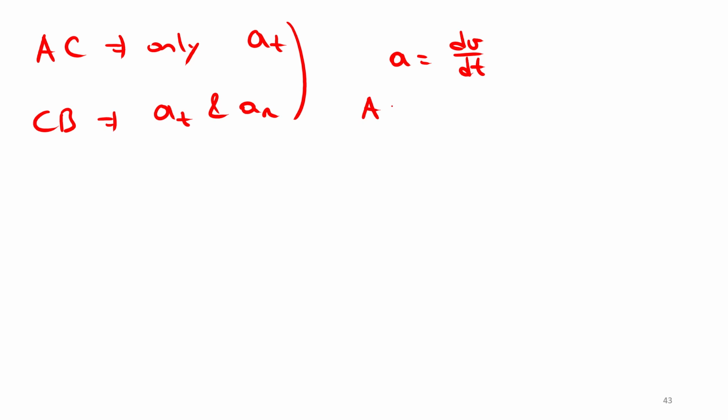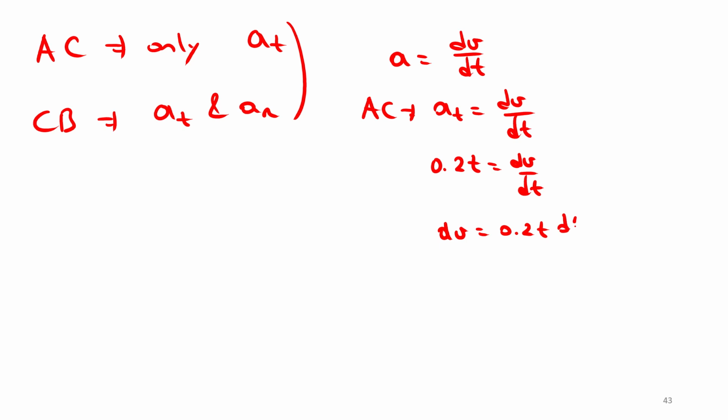From A to C, I have the tangential acceleration, which is dv by dt. And this one is 0.2 times t, and that is dv by dt. And then from here, it follows that dv is 0.2 t dt.